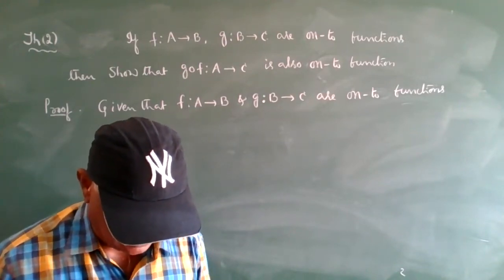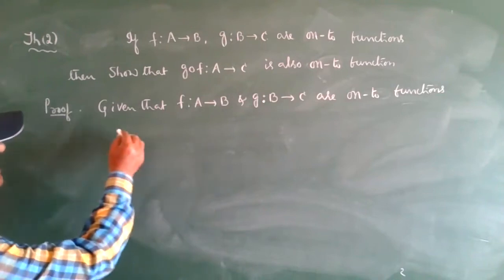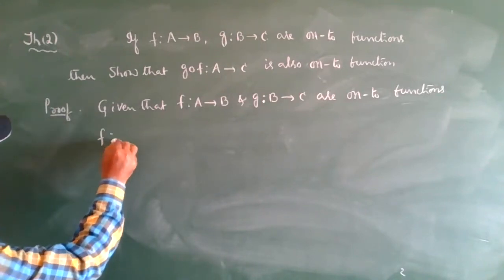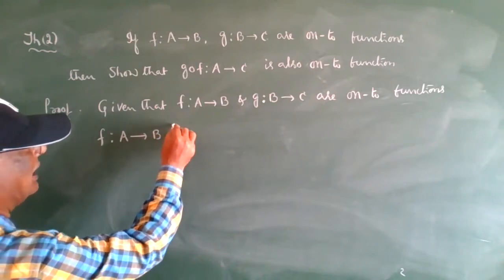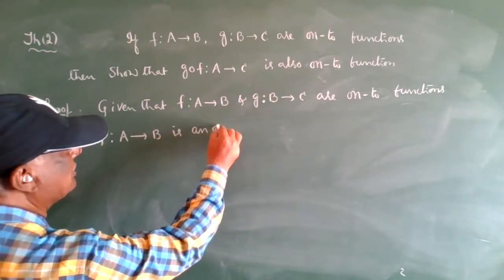Immediately we can see f is a mapping from A to B, an onto function.